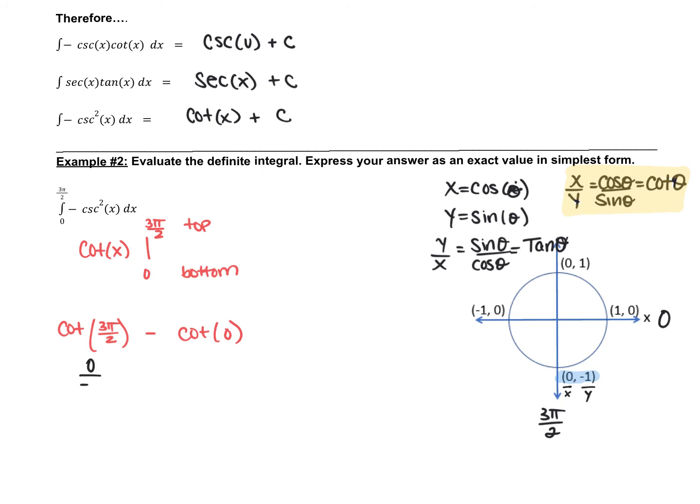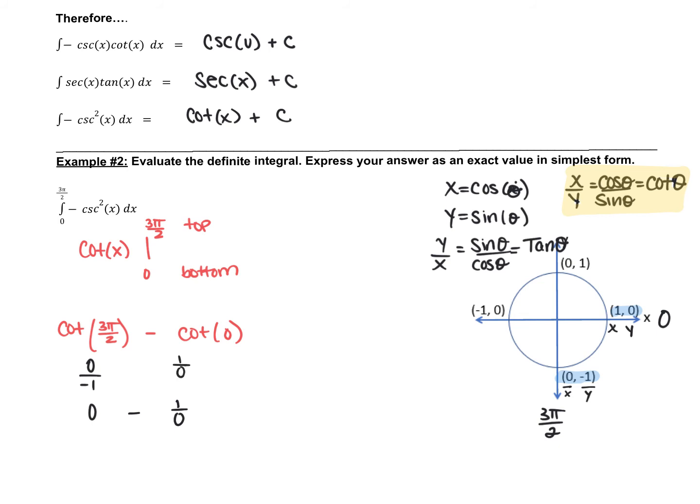So 0 divided by negative 1 is 0. And then we also need cotangent of 0. So here's 0 degrees or 0 radians. And we're going to do the same thing. We're going to use this point, which I'll highlight here, and we're going to divide the x value and the y value. So the x and then the y. So then we have 1 divided by 0.